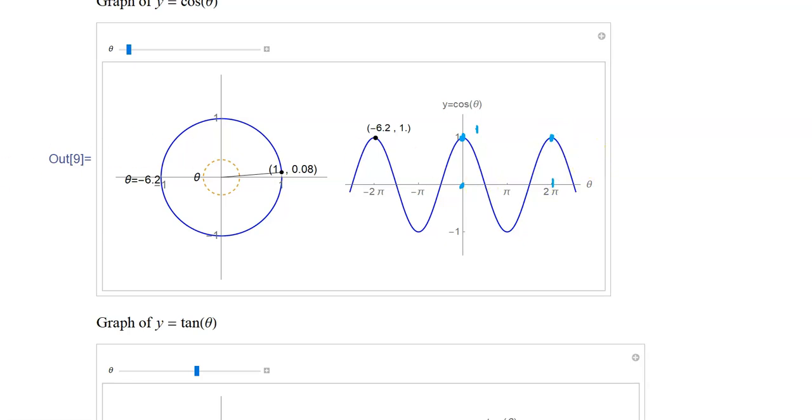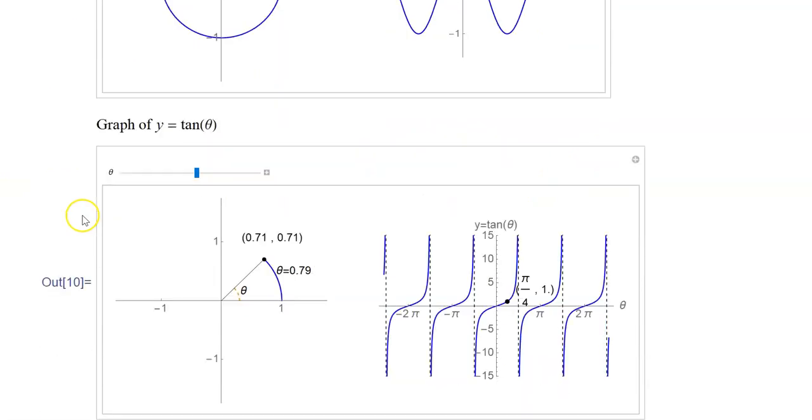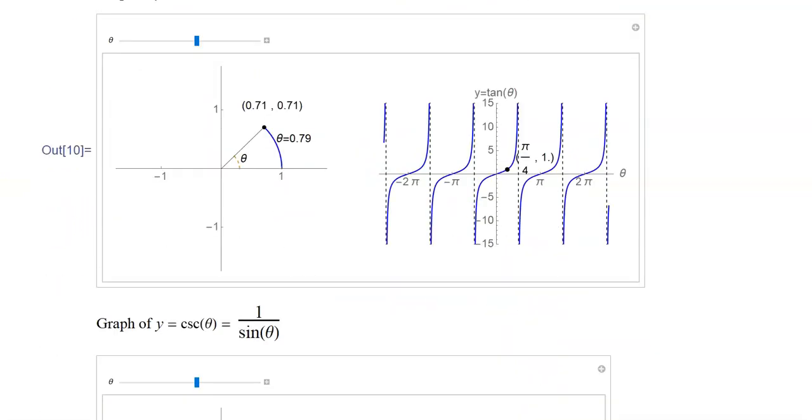Now here's the graph of our tangent function. Tangent is a little different. So considering this diagram on the left here, if we have an angle theta, and this is the point right here, remember the tangent of theta is defined to be the y-coordinate divided by the x-coordinate of this point right here.